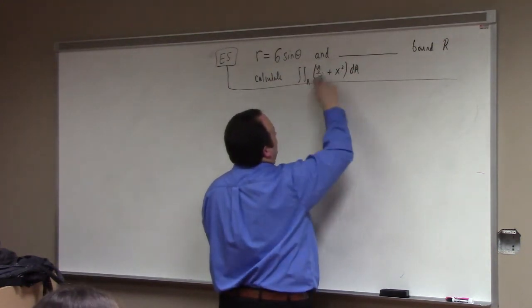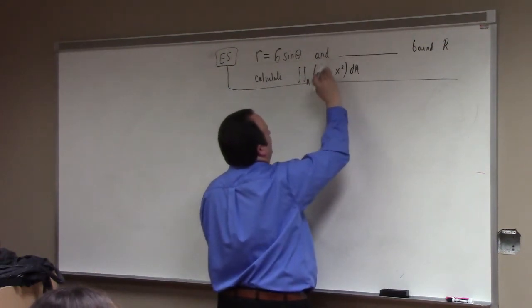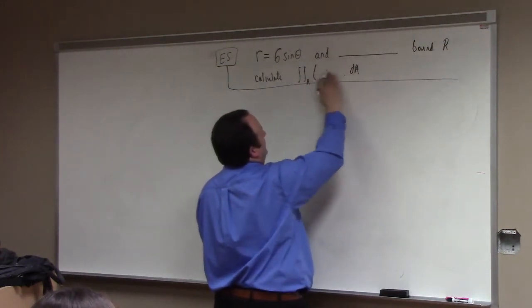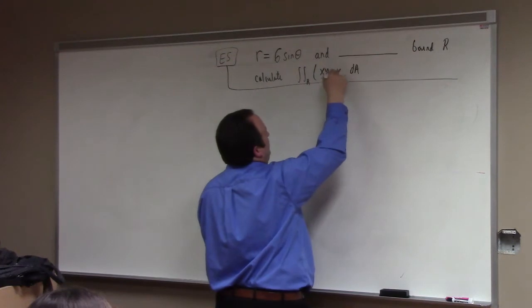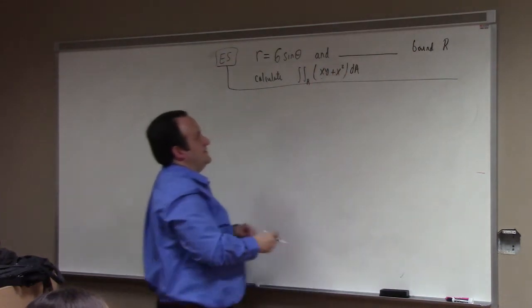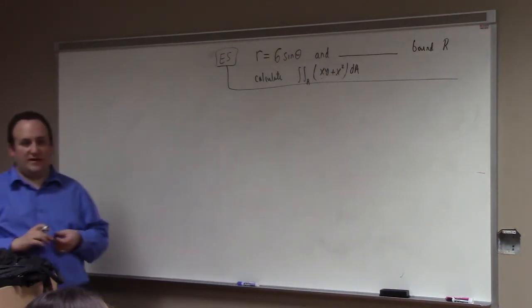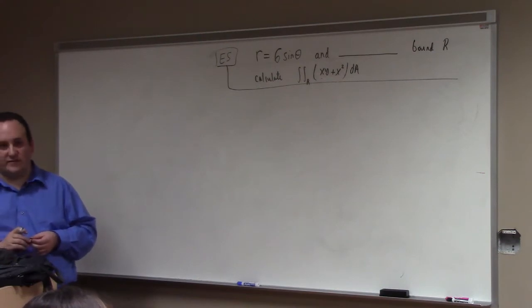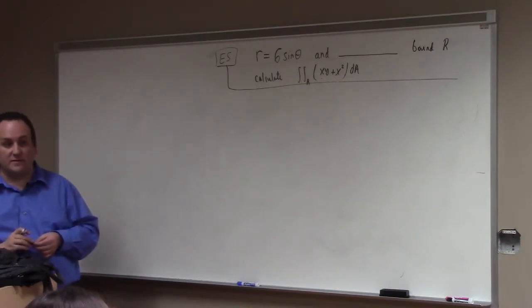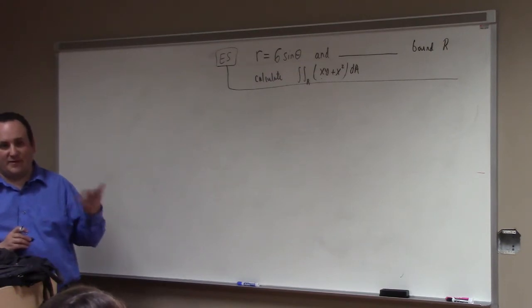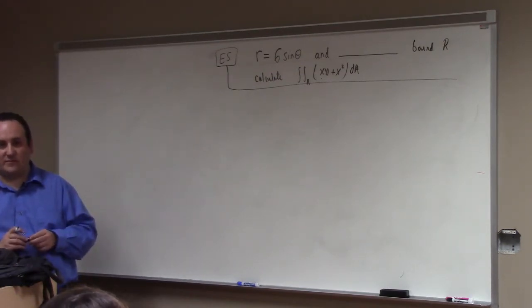That's probably bad because x will be 0 somewhere in the thing I'm looking at. Let's just say xy plus x squared. There we go. That's exciting. That we would not have asked you in calculus 2. Because in calculus 2, we just asked you to calculate areas of regions using polar coordinates. We've stepped it up a notch. Now we're asking you to calculate the integral of functions over an area.